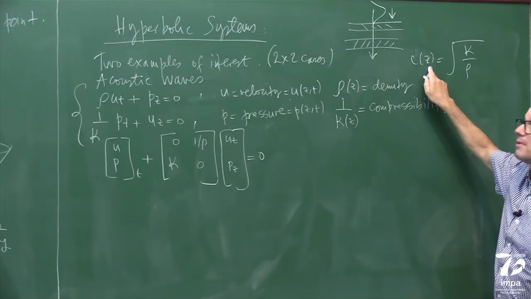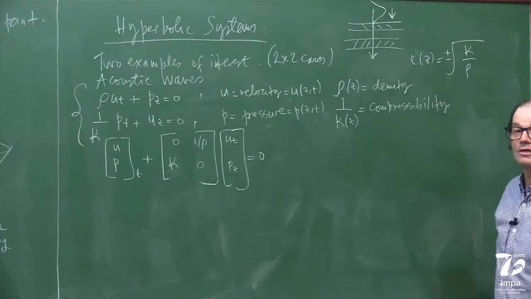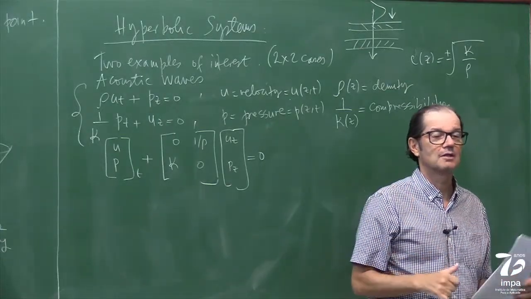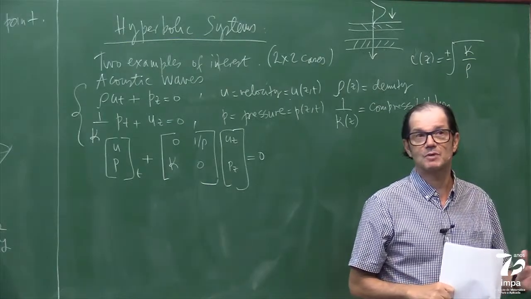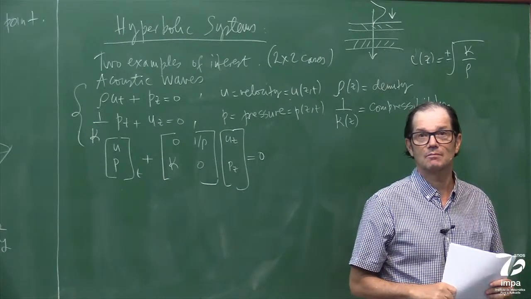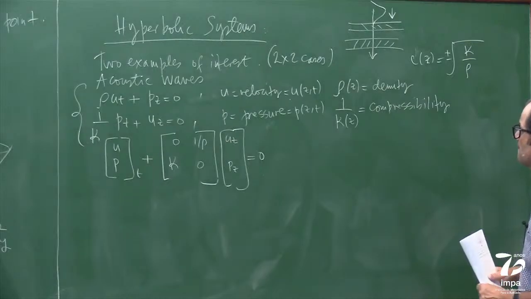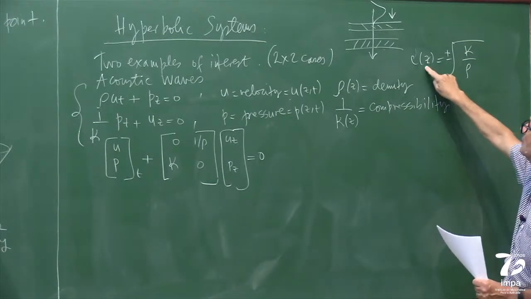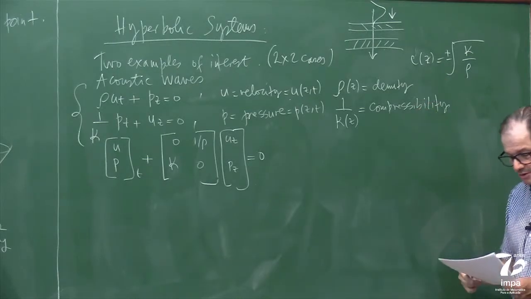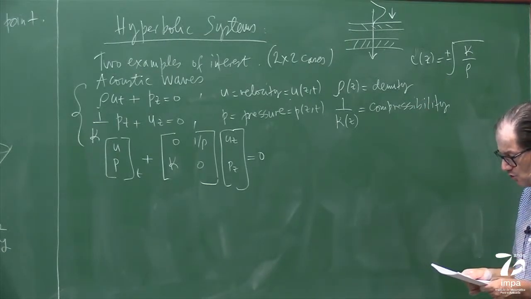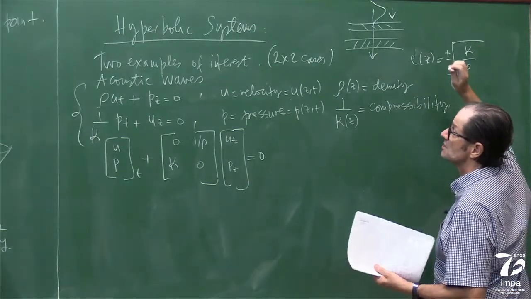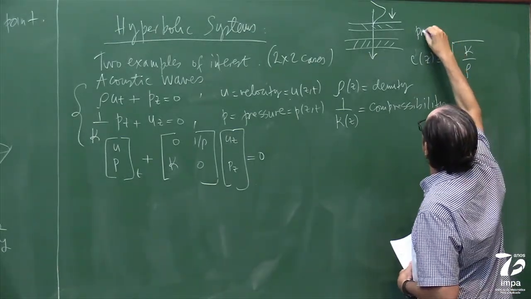Since it's plus or minus this, it means I can have waves going this way or that way with that speed. If the medium changes, if the property changes, the propagation speed changes. So this is one problem, acoustic waves, propagation speed. Oh, okay, I have to mention this, which might be confusing at the beginning.